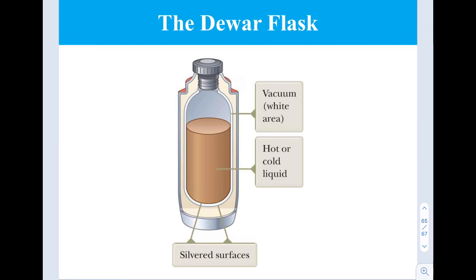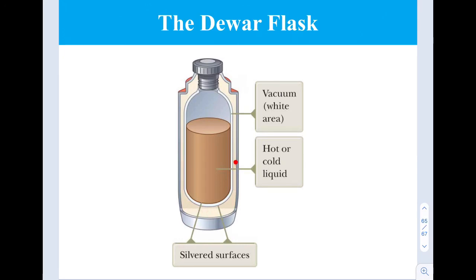The standard construction, shown in this figure, consists of double-wall Pyrex glass with silvered walls, and there is a space between the walls. The space between the walls is evacuated to minimize energy transfer by conduction and convection.